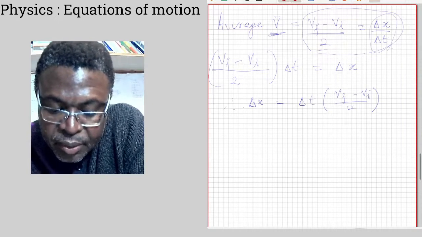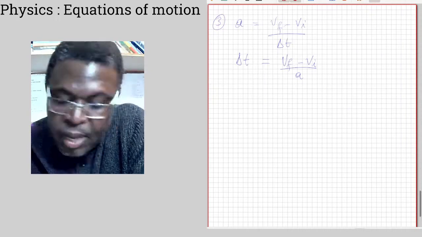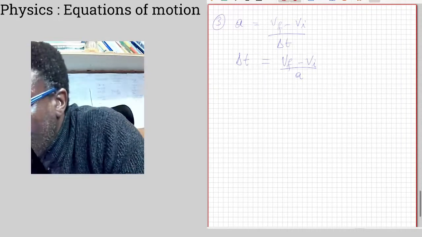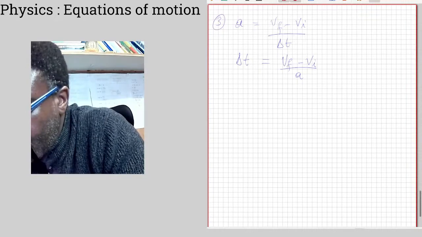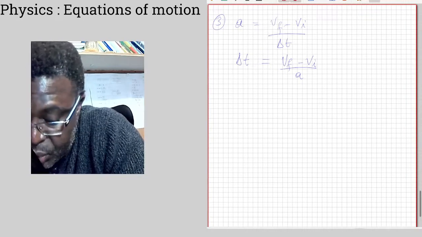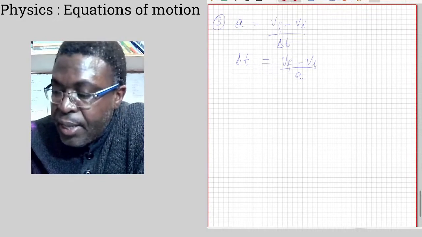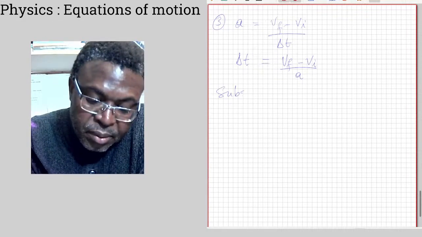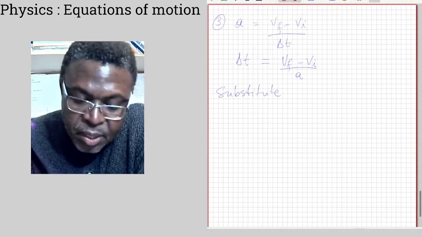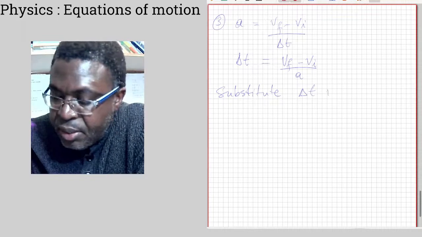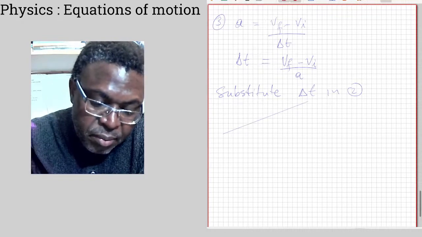We had this, and now we want to substitute change in t into equation 2 from above.